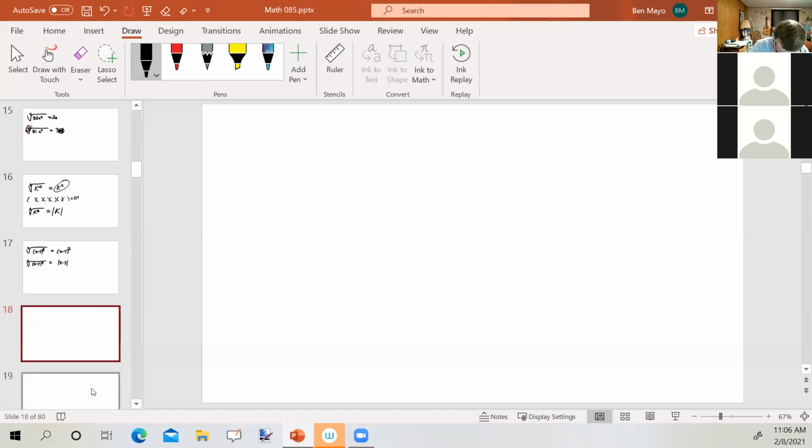How about this one? The cube root of 1,000, a to the 6th, b to the 6th. What's the cube root of 1,000? What times itself is 1,000? That's a good question. 10. 10 times 10 is 100 times 10 is 1,000.